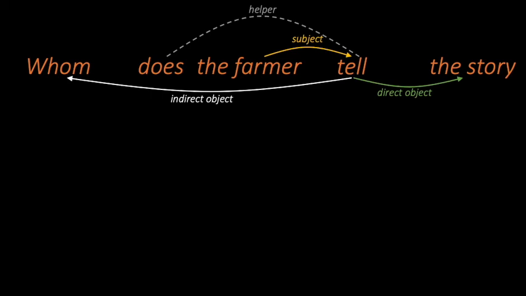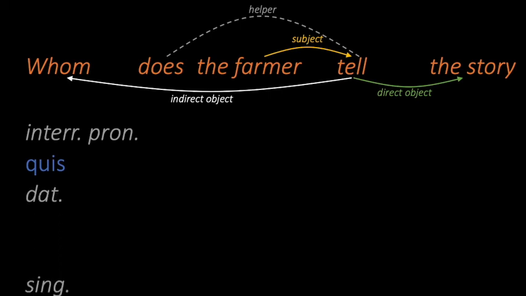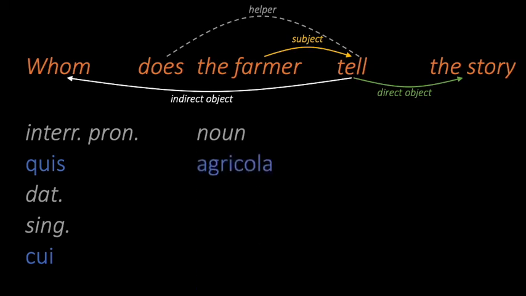Now to figure out the forms. Whom is a word that stands in for an unknown noun in a question, so it is an interrogative pronoun, and it will be some form of quis. It is an indirect object, so the form will be dative singular, and that form, as we have learned in this lesson, is qui. The farmer is a noun, and is rendered with agricola in Latin.